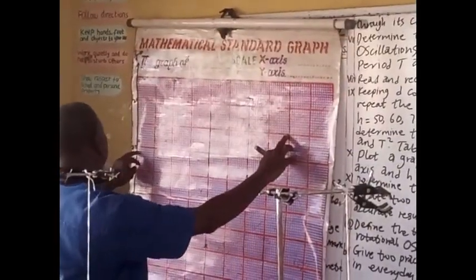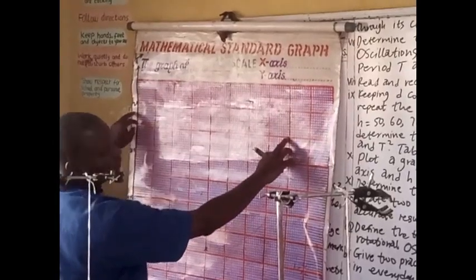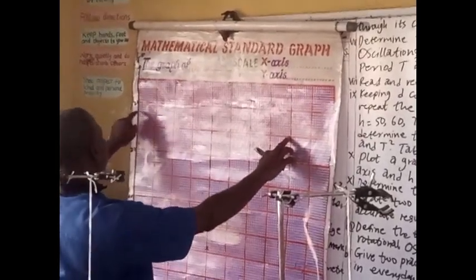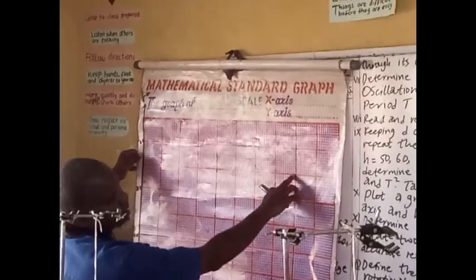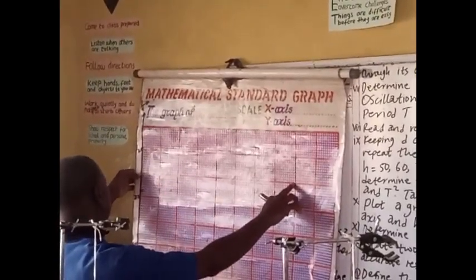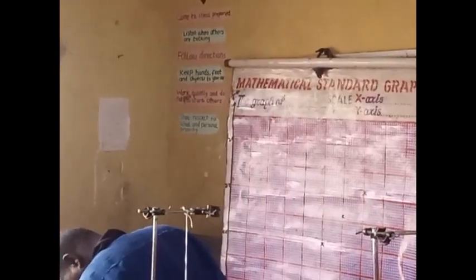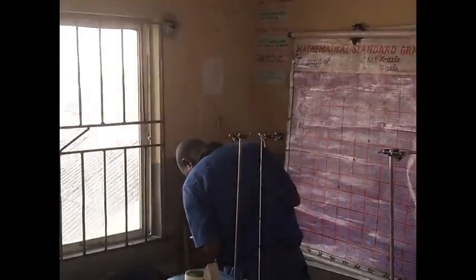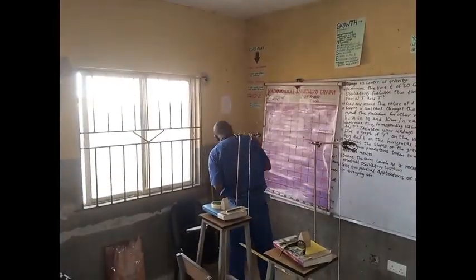This is 2.0, this is 2.25. 0.5 divided by 20 is 0.025.